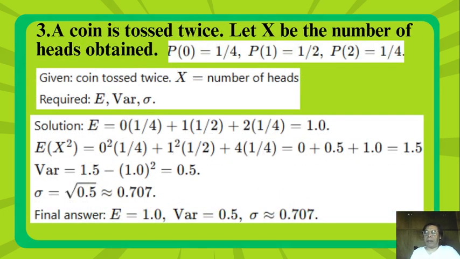Practice problem number 3. A coin is tossed twice. Let X be the number of heads obtained. So our probability of 0 is 1/4, the probability of 1 is 1/2, and the probability of 2 is 1/4.